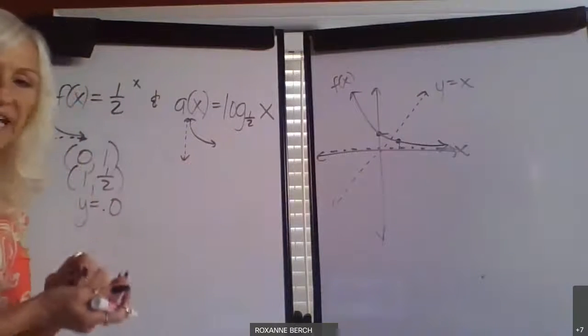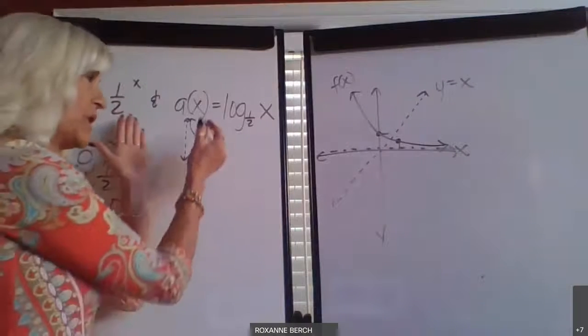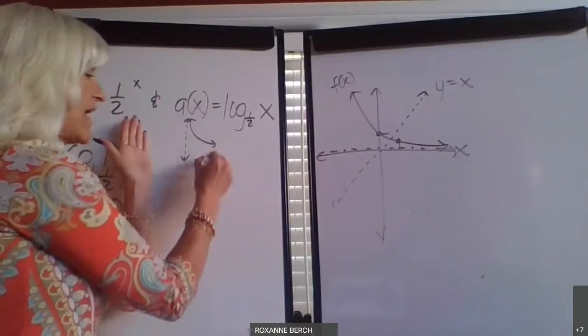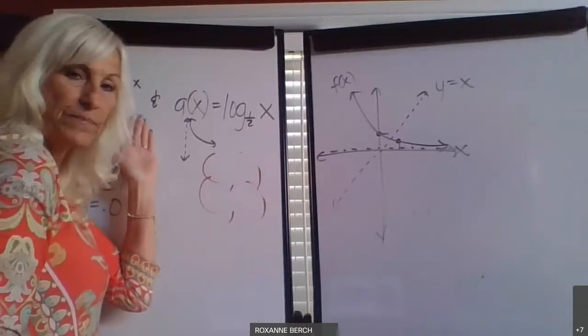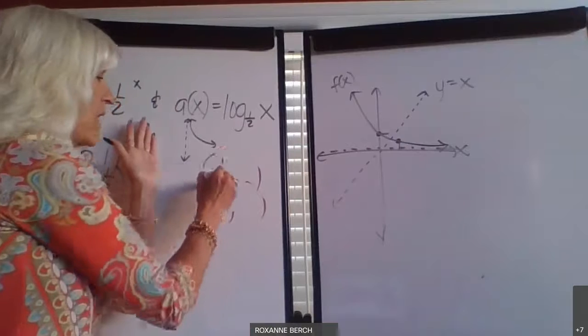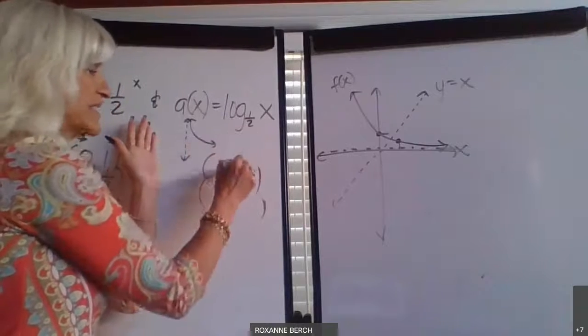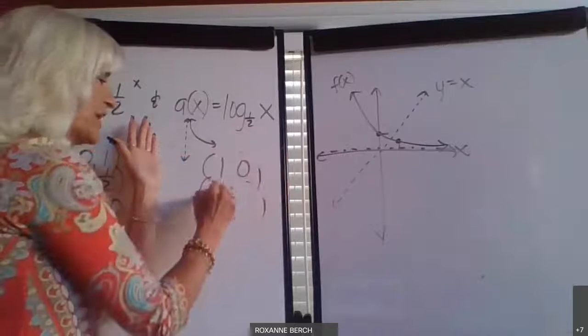Like I said, you may not have them, so you want to try to come up with your points on your own. So what x would you pick? One. Right, because log base a half of 1 is 0, so log base anything of 1 is 0. And then the next one you're going to pick is 1/2.